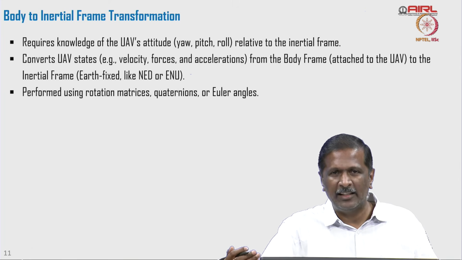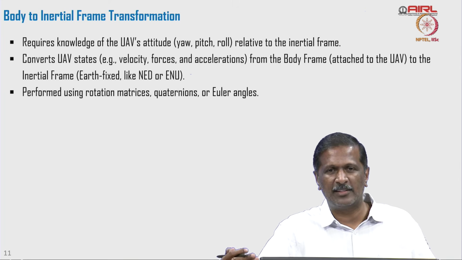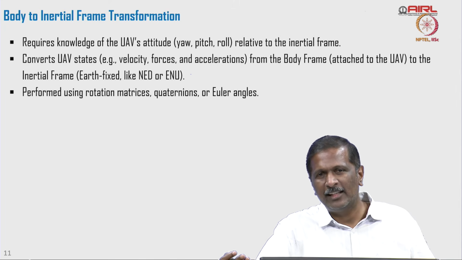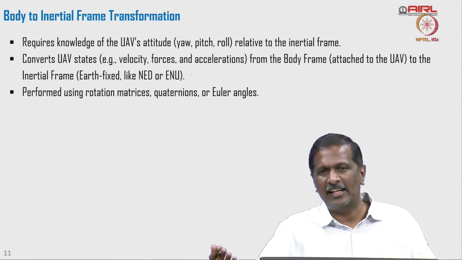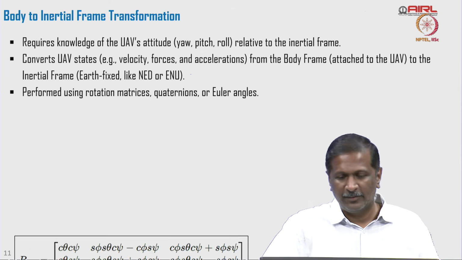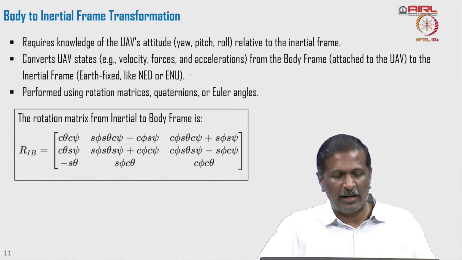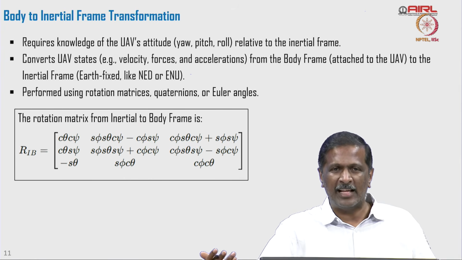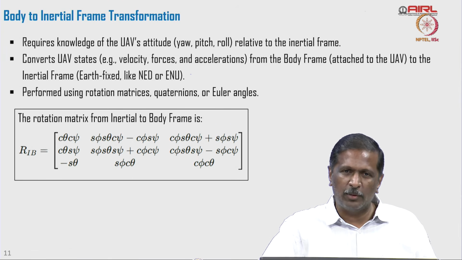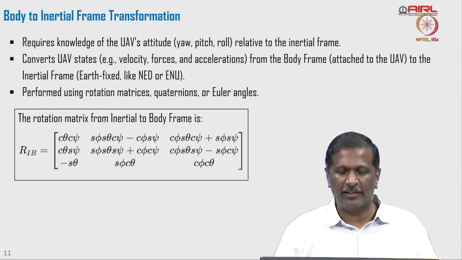All these are measured in the local coordinate frame of reference, the body frame. I want to convert this information to the inertial frame of reference, which is the NED coordinate system. I am going to use the same rotation matrix here, what I call RIB.